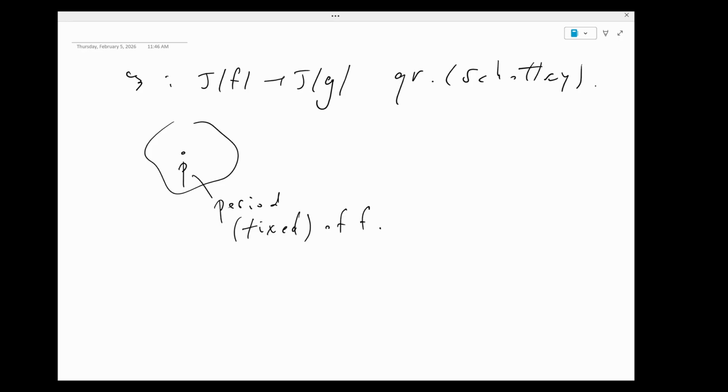And this is what I will do. I'll take some domain U. I assume U intersected with this Julia set is connected. P is a fixed point of F. There's a round carpet going on here. I'm going to take F to the minus N here, which will take this larger neighborhood into a smaller one.